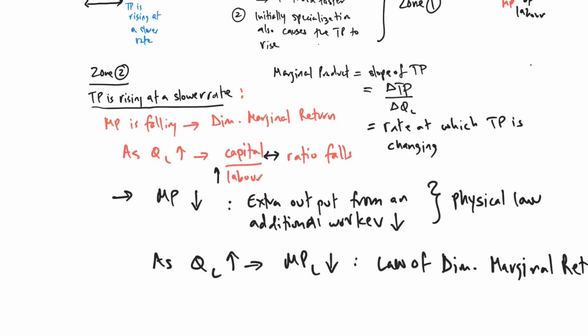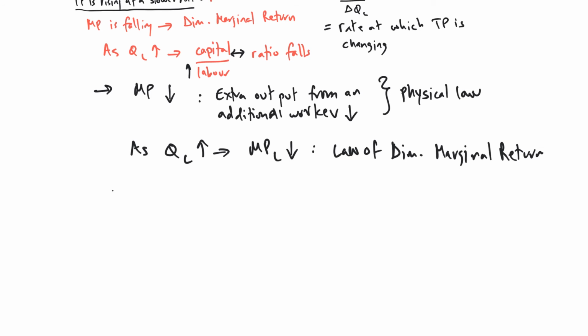In zone 3, what we believe is that there comes a point when it becomes super crowded that TP is falling. If TP is falling, this means that each worker is bringing something which is called a negative output. MP is negative.